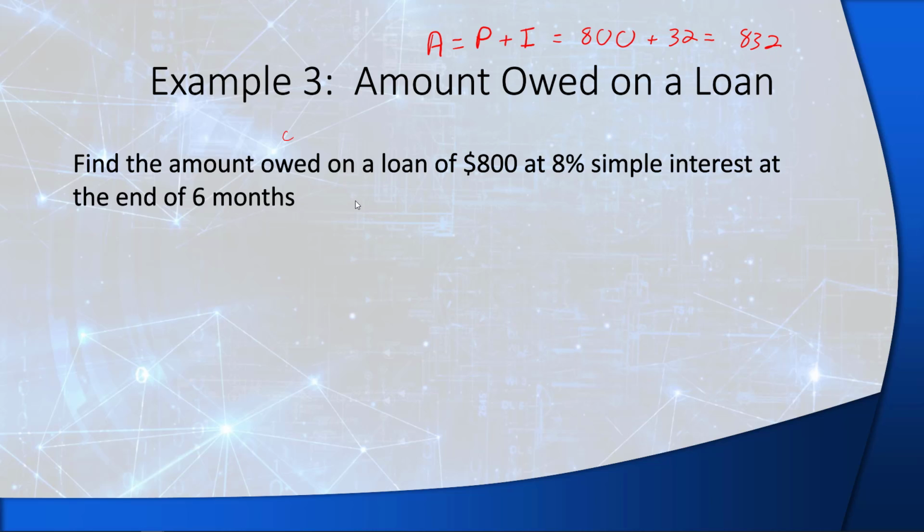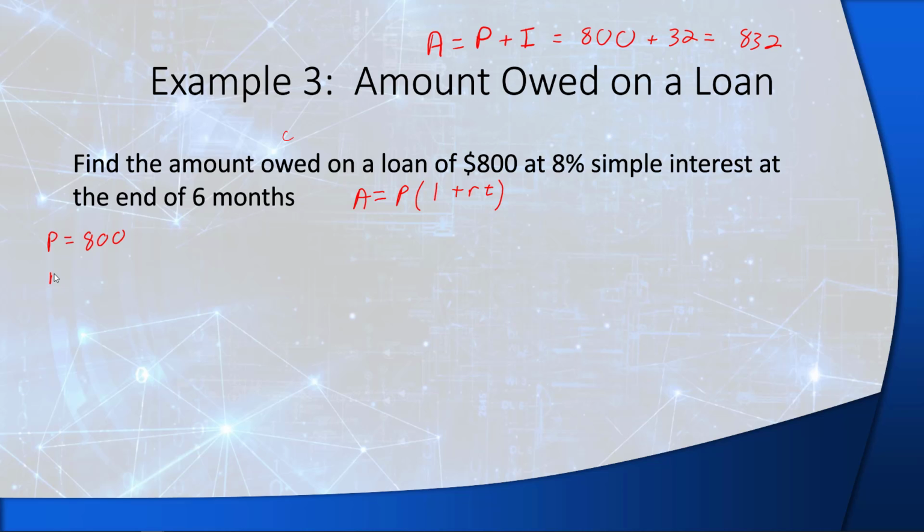Now, our equation for simple interest is that the future value is equal to the present value times 1 plus R times T. Okay? And we know that P is equal to $800.